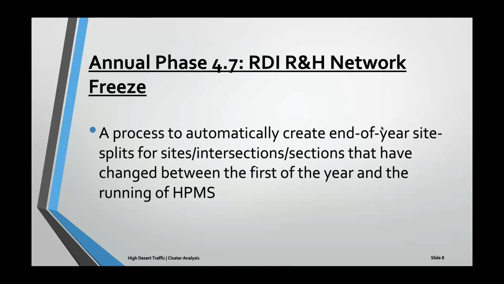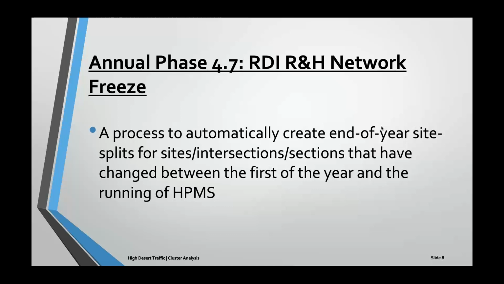So what we're going to do, and this has not been implemented yet, is create a phase where you can, let's say in April, press a button and say, I want to freeze the network as of December 31st of the prior year. What's going to happen is Jackalope is going to go out to roads and highways and essentially create site splits that all end at the end of the year.